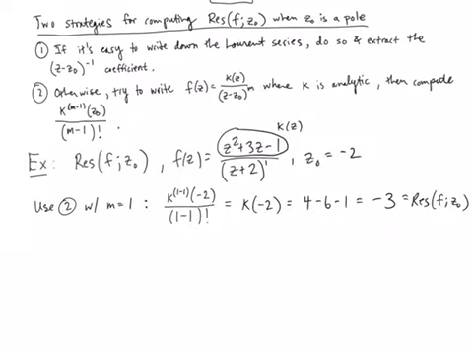But it's also easy to use formula 1, so we can also use that. In this case, we would want to expand things in powers of z plus 2, z minus negative 2. And our denominator is already in that form, it's just z plus 2 already. Then we can take our numerator, z squared plus 3z minus 1, and I'll just carry around the denominator.